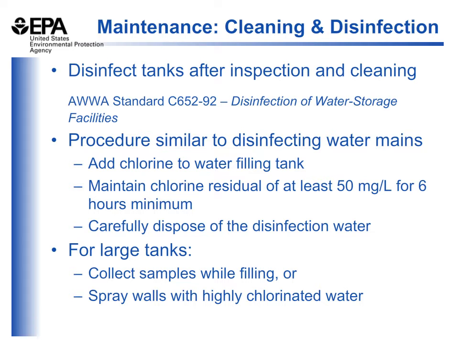The tank can then be filled with distribution system water that has been treated with chlorine to provide a final residual of around 3 milligrams per liter. This basically allows you to treat your larger storage tank without having to use a large amount of chemicals or drain the tank.